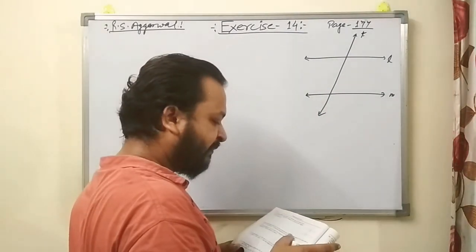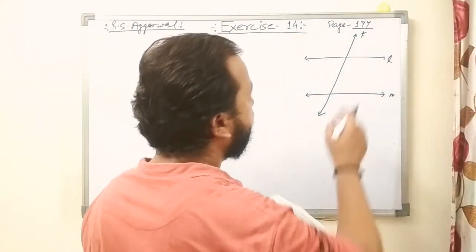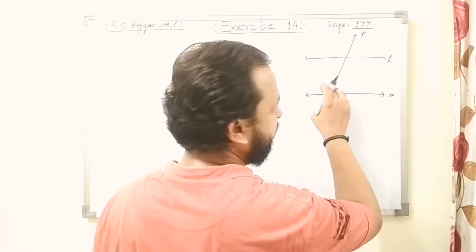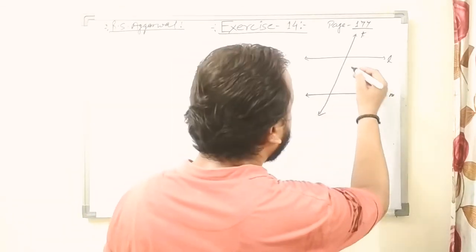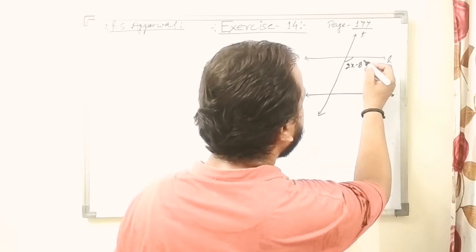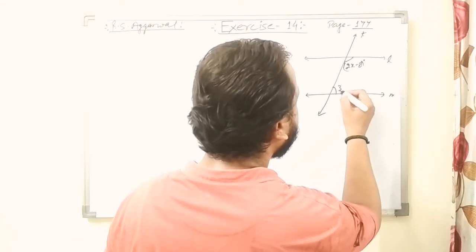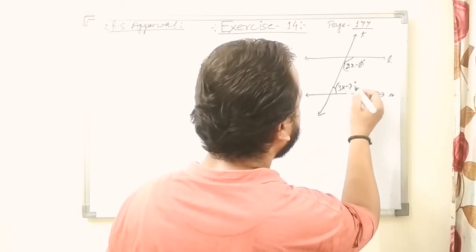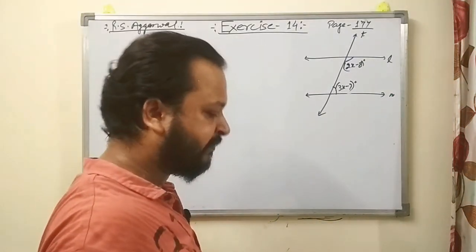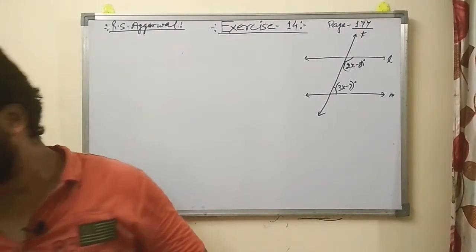And it is given that the interior angles on the same side of T, either this side or this side, right, are 2x minus 8 degrees, and another angle is 3x minus 7 degrees. So find the measure of each of these angles.